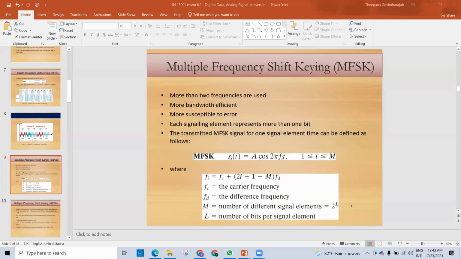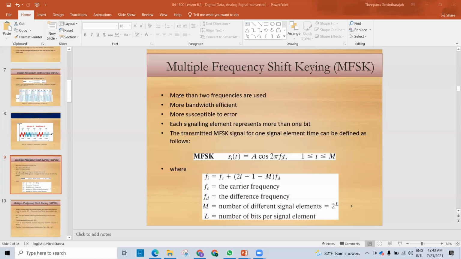If one waveform gets an error and it becomes 800 Hz, then it will be difficult to find in MFSK whether it is representing 900 Hz or 700 Hz.